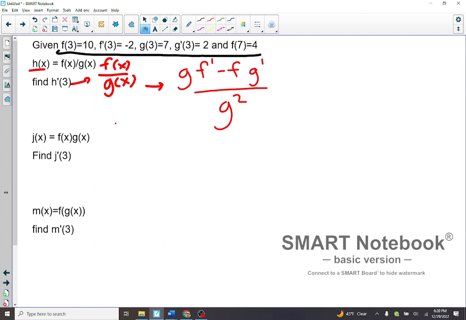I didn't write all the x's, but you can imagine all the x's being there. But remember, since I'm looking for h of 3, what I'm going to do is plug in the 3 in every x that's here. So this will be a 3, this will be a 3, this will be a 3, this will be a 3, and this will be a 3.